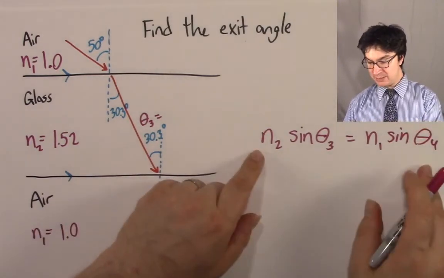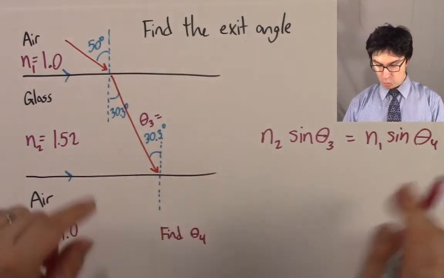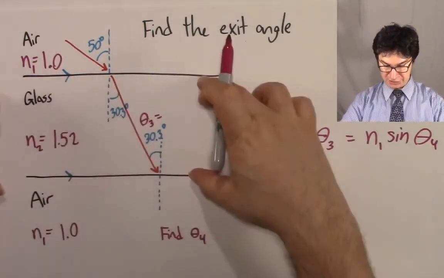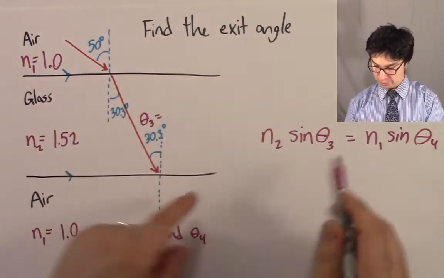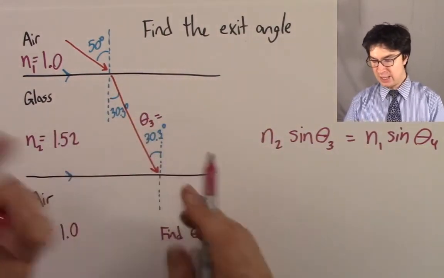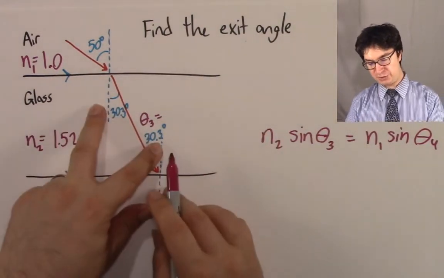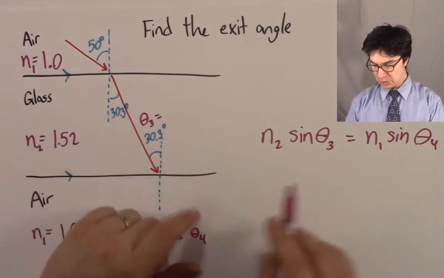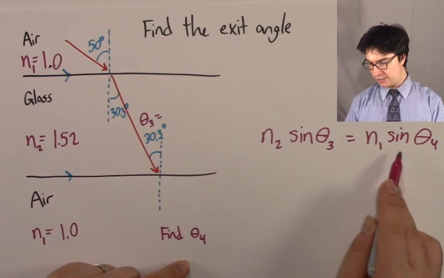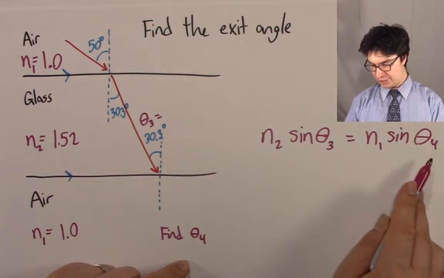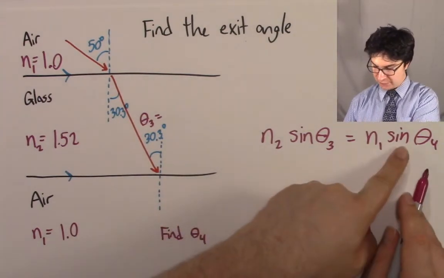So we're applying the same law, Snell's law, where n2 is the glass here, theta 3 is the angle associated with this first material. We're calling it theta 3 because when we get to more advanced problems we have to start using this notation, so we might as well get used to it now. So this is going to pass back into air, so that's n1, and that's going to get us sine of theta 4.